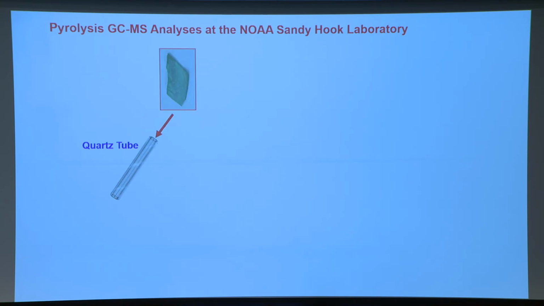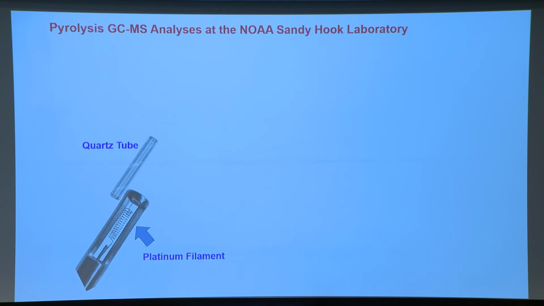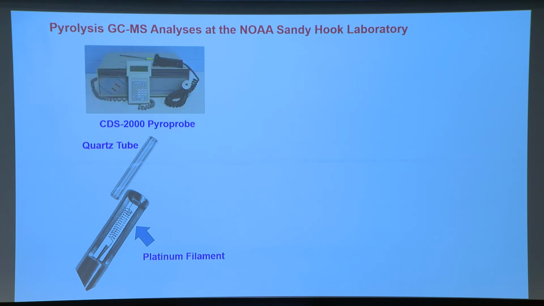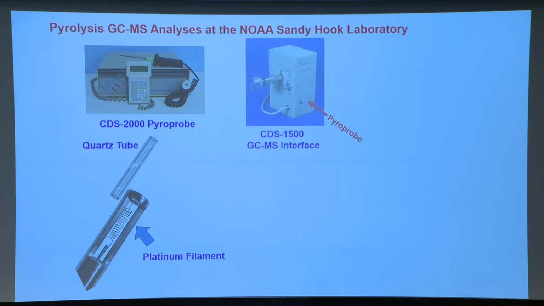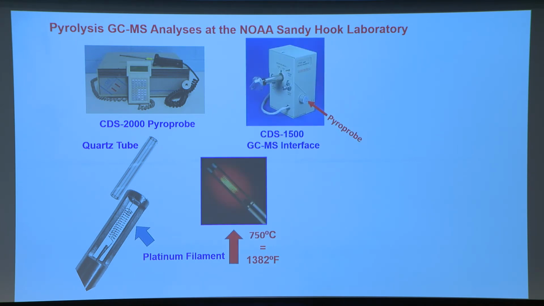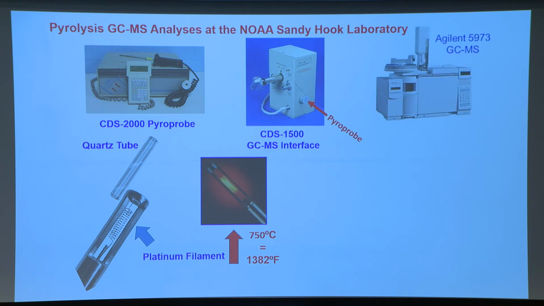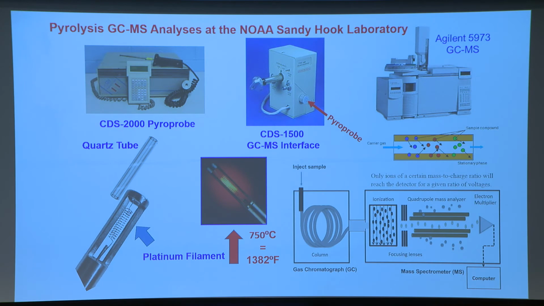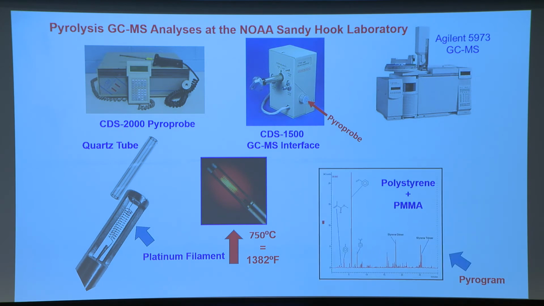Take a piece of plastic, put it in a quartz tube. We put that quartz tube in a platinum filament, and the platinum filament is put in a pyroprobe, and that is placed in a GCMS interface. The filament is heated at high temperature, like 750 degrees Celsius, which is 1382 degrees Fahrenheit. The pyrolyzed products pass through the GC and are measured by the mass spectrometer to get a pyrogram that is characteristic to the polymer.